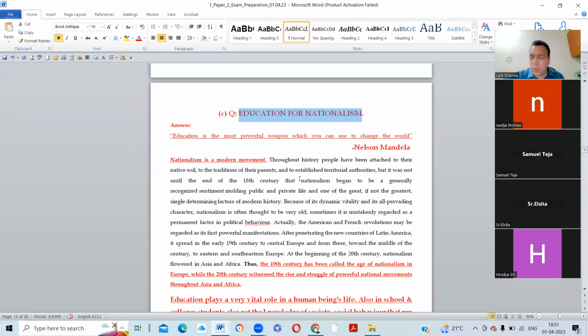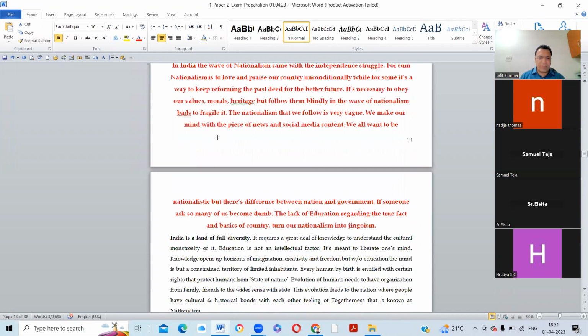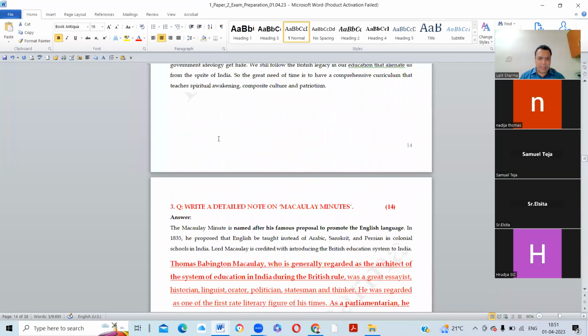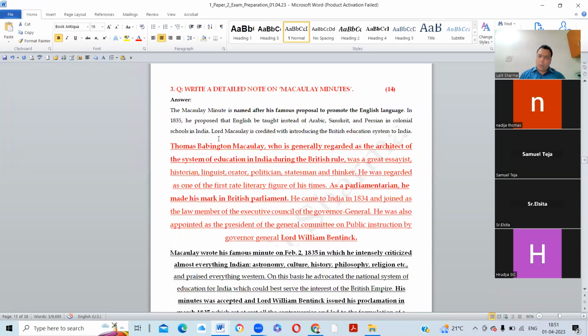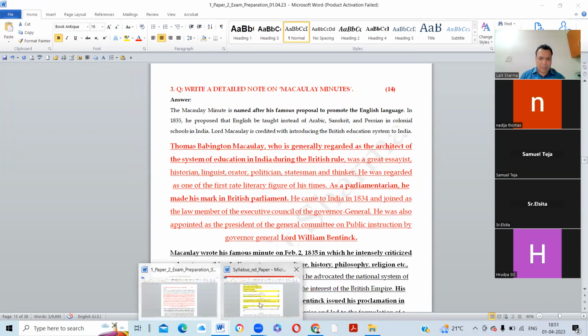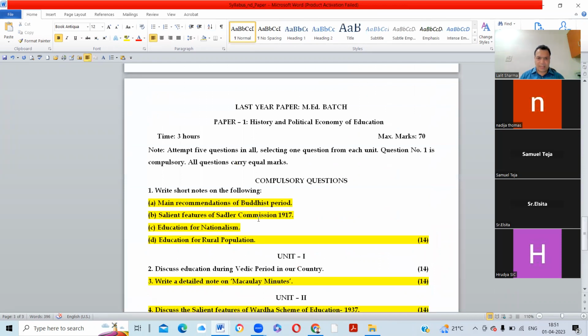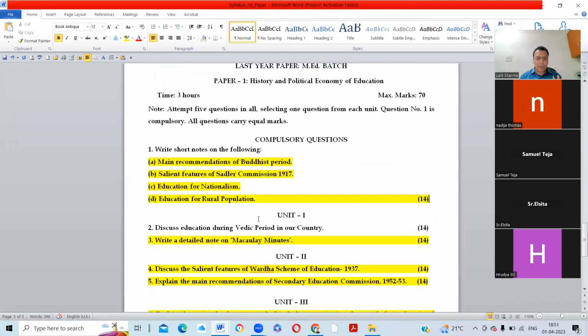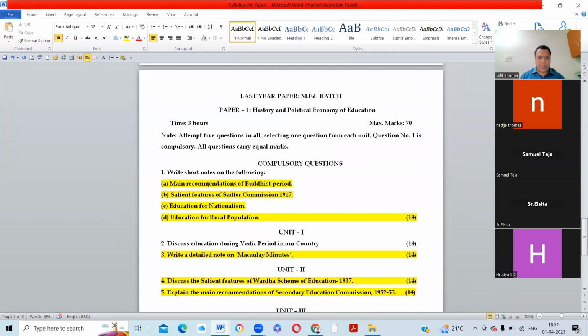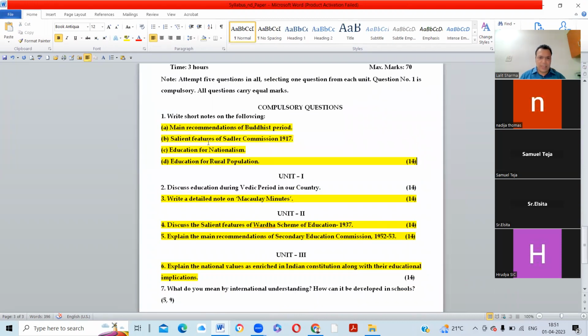Our next question: I have made very good, important notes for you regarding this. These are the long questions. Side by side, guys, we are looking at our paper also. This is last year's paper, History and Political Economy of Education.